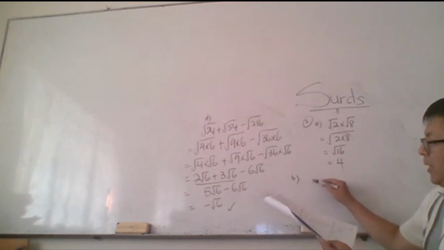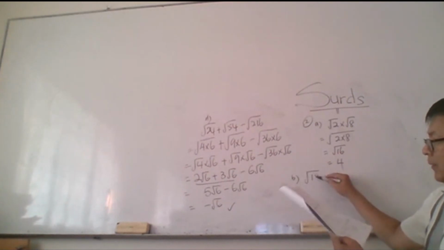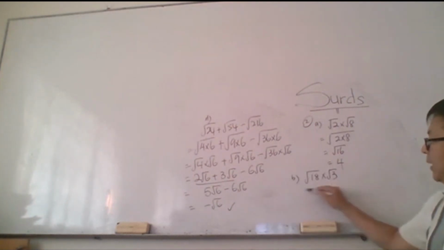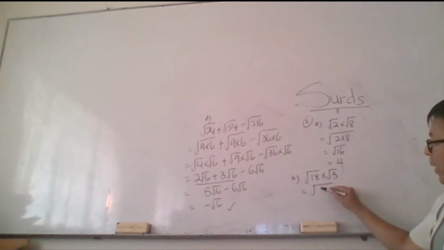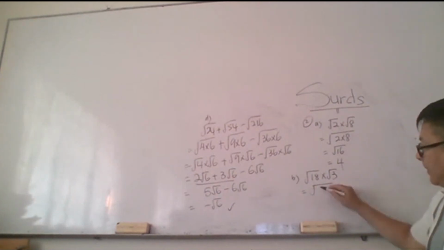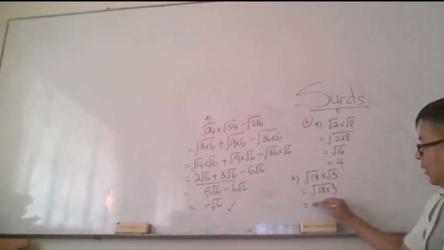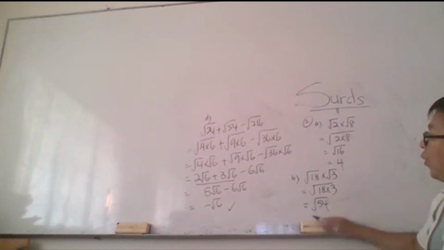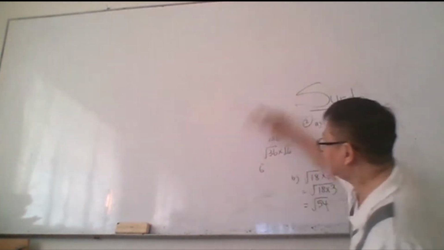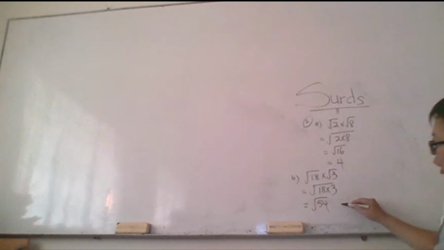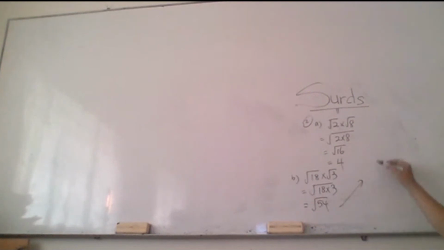And what about B? Square root of 18 times square root of 3. So we will get square root of 18 times 3, which comes to 54. For 54, we can just write square root of 9 times 6.